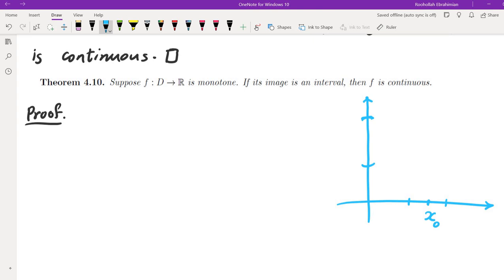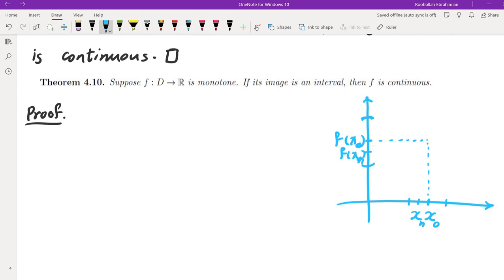In order to show f is continuous, I will have to show, if I take a point x0, it would be continuous at x0. So the idea is, if you take a sequence approaching x0, then f of that sequence must approach f of x0. Why?